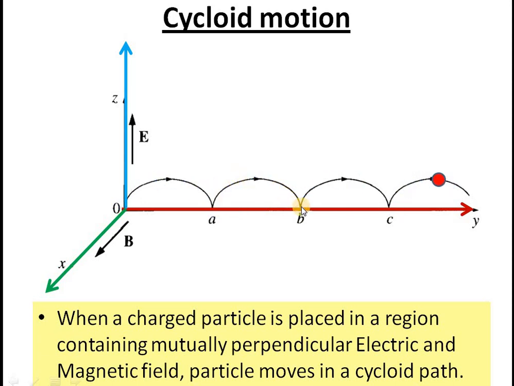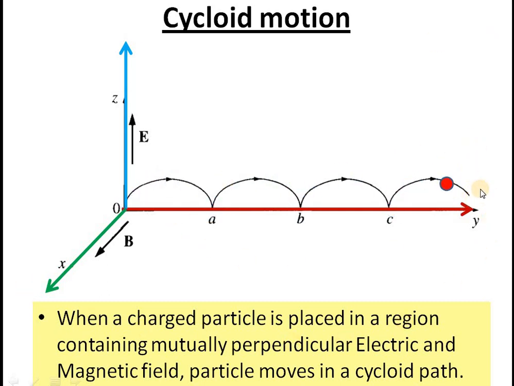And when the particle reaches the point B, again the direction of motion and direction of force are opposite to each other, or you can say the direction of Lorentz force and direction of electric field are mutually opposite, so the particle stops. When it stops, there is no more Lorentz force. As a result, again it moves up and the process is repeated.